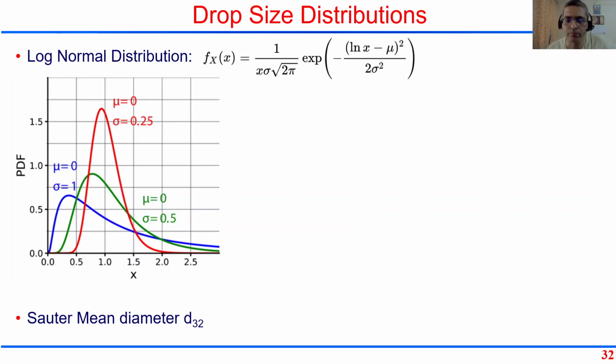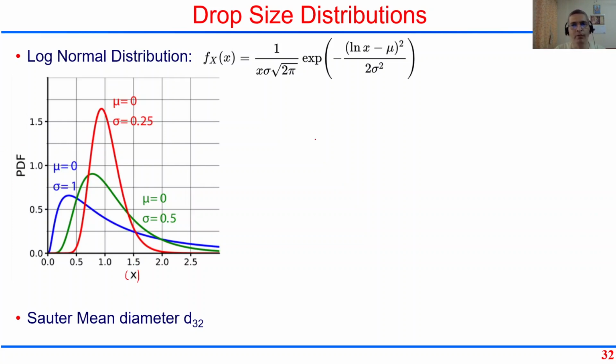But most often, experimentally, what is found is that the size distribution is not Gaussian. It is not like a random phenomenon. It is more like a log normal kind of distribution, and this is how a log normal distribution looks. PDF is nothing but the number density if you want, and X is the size of the drop.